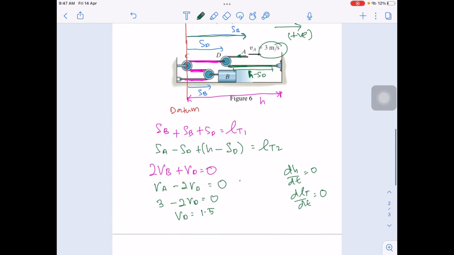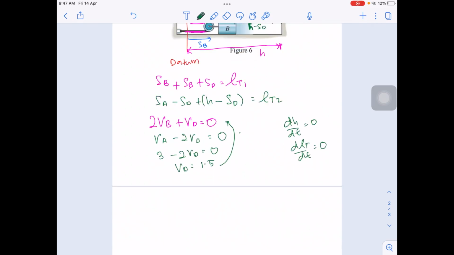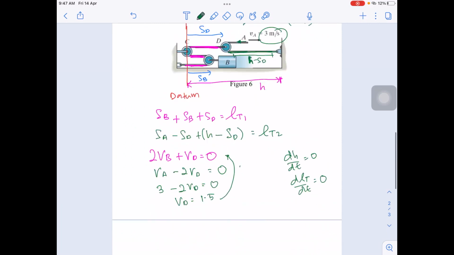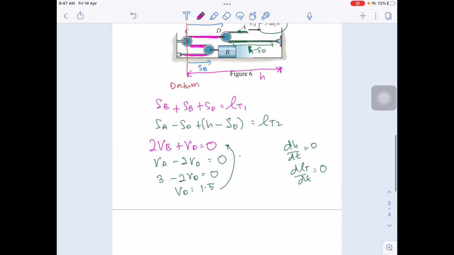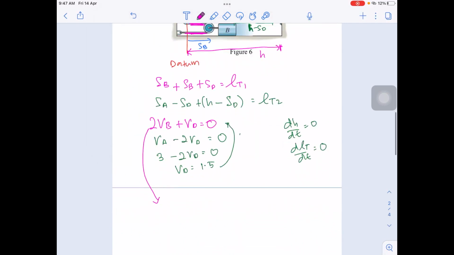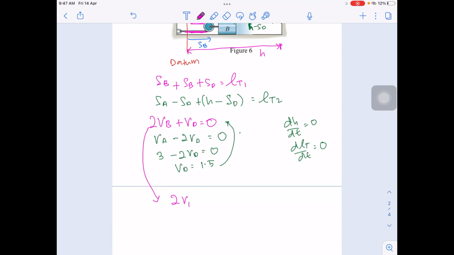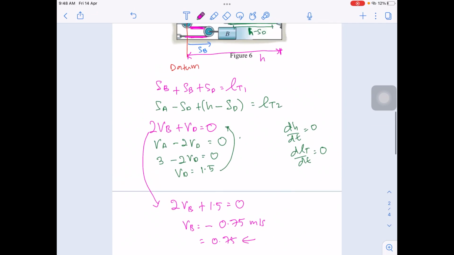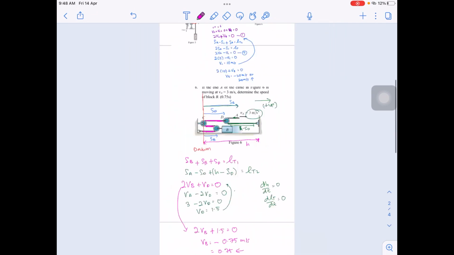Then substitute 1.5 here. What do they want? They want VB. So 2 VB plus 1.5 is equal to 0. So VB is negative 0.75, to the left. Okay, 0.75, you get the same answer.